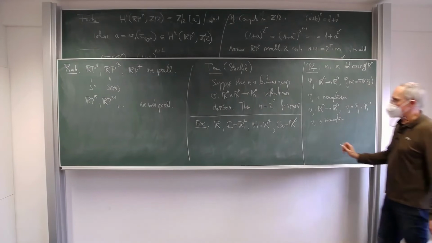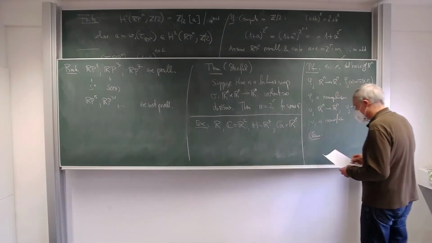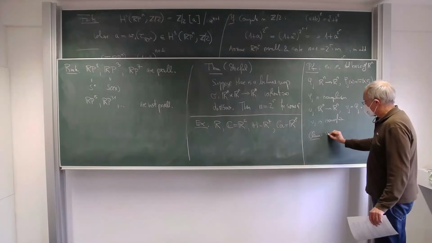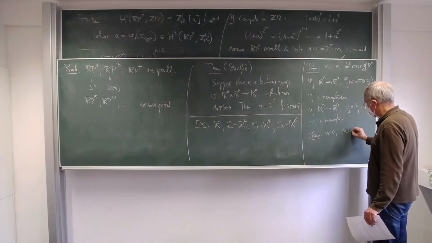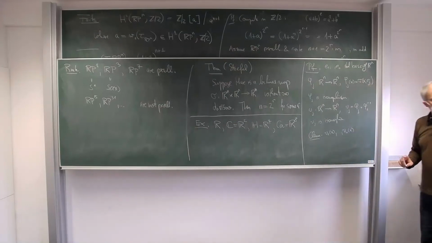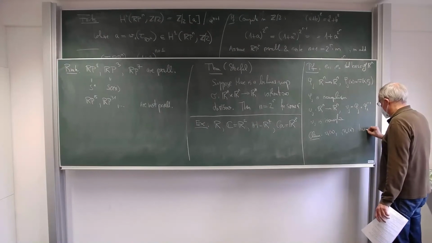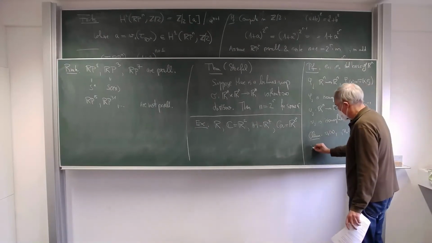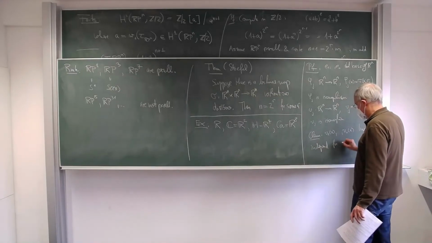Now the first claim is that v_1 of x up to v_n of x is always linearly independent, unless x is 0, of course. It's linearly independent for any x non-zero.